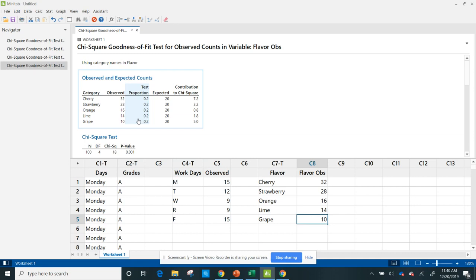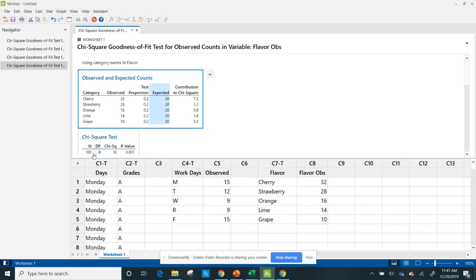If I only had 4 categories, then it would have been 100 divided by 4 gives me 0.25. So to get the proportions, it's 100%, which accounts for all the data, divided by categories.